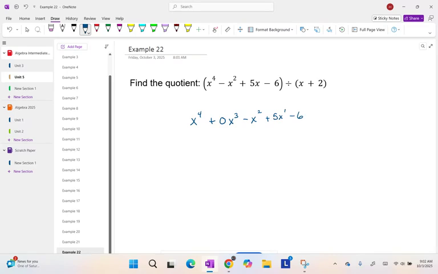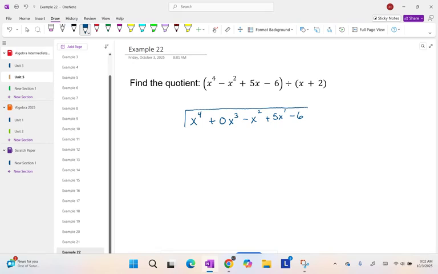And we don't have an x on that one, so it's x to the 0. So the first thing that you have to make sure of is that each degree is covered from 4 all the way down to 0. And if you don't have one of those, put a placeholder in it. It's just going to make the problem a whole lot easier to solve.